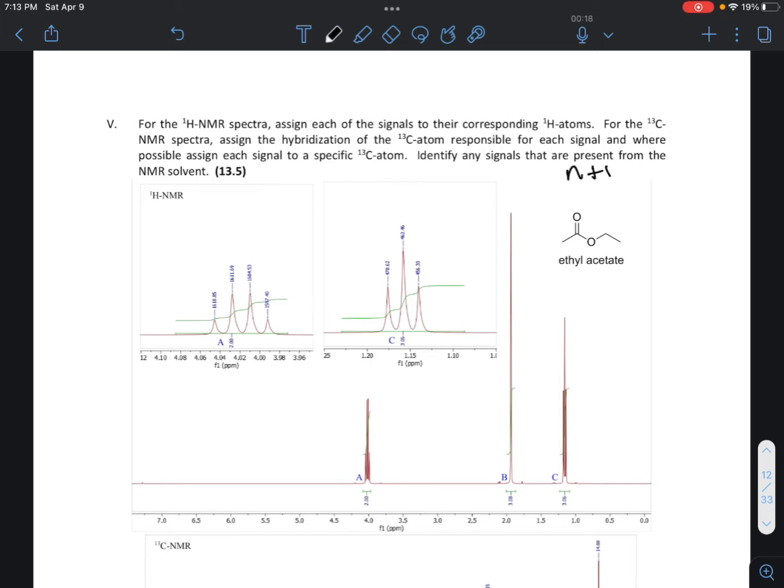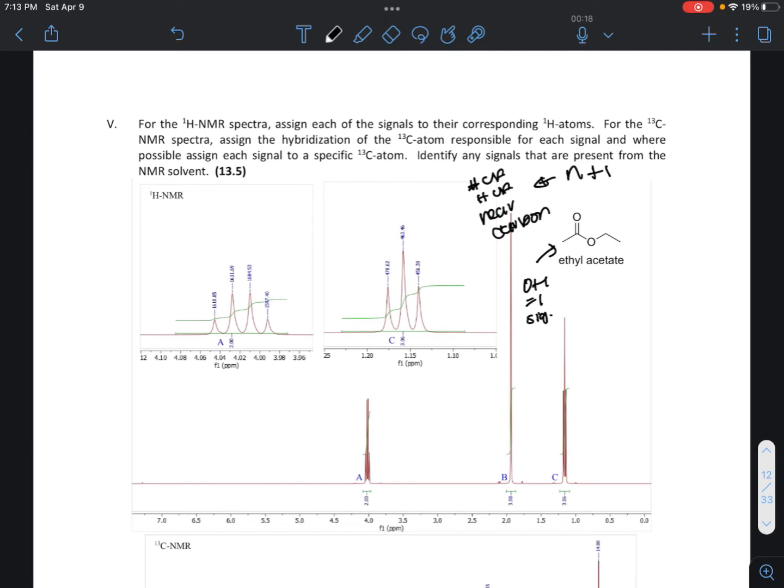It's always N+1. N is the number of hydrogens of the nearest carbon. So in this case, this is going to be 0 plus 1, which is 1. So this is going to be a singlet.